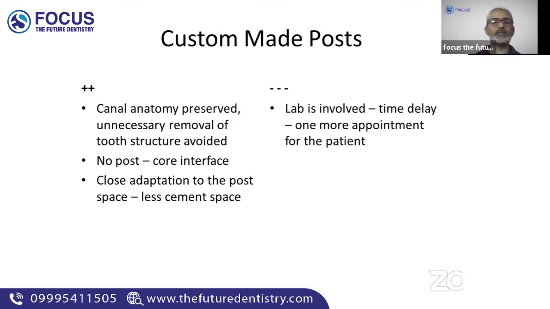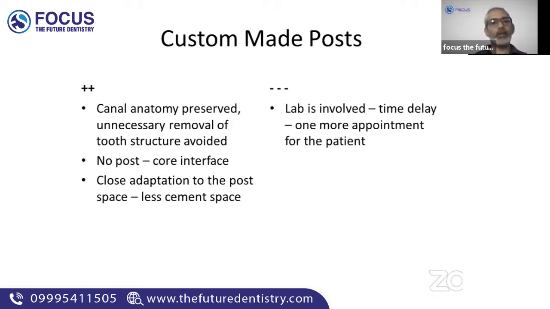And one more advantage with custom made post is that many times these custom made posts are made out of cast metal. So these cast metal posts or the CAD/CAM ones, computer aided designing and milling ones, like zirconia posts which are custom made, do not have an interface between the post and core. They are actually fabricated in one shot. So there is no fracture involved between the post and the core.